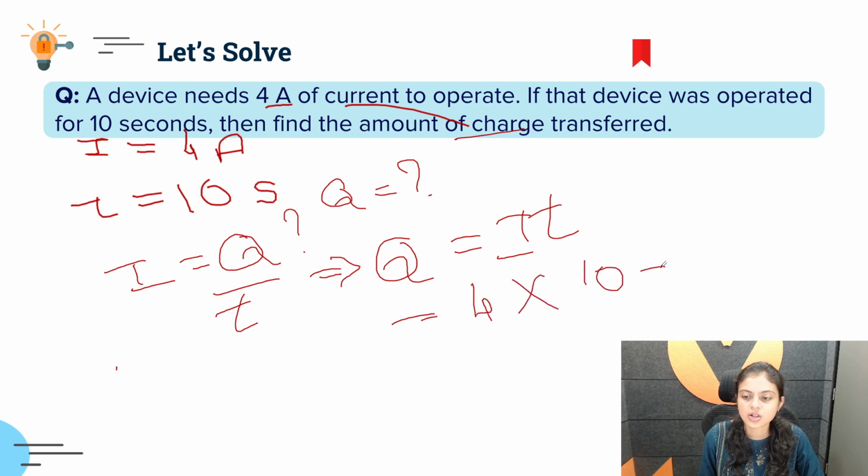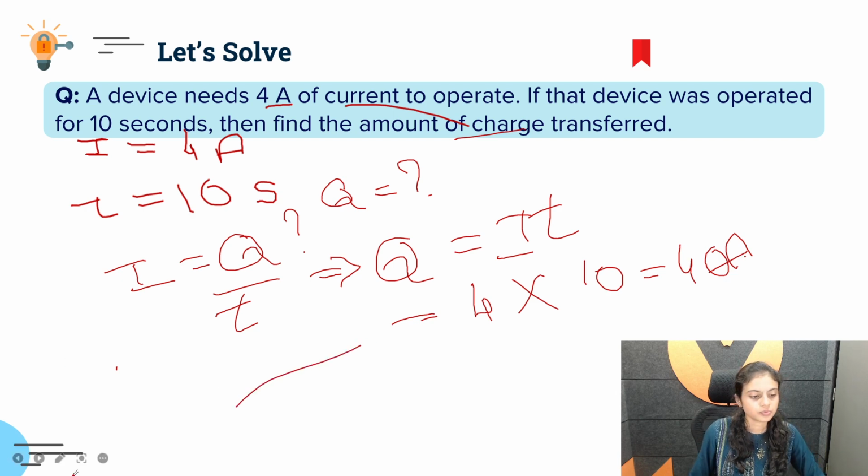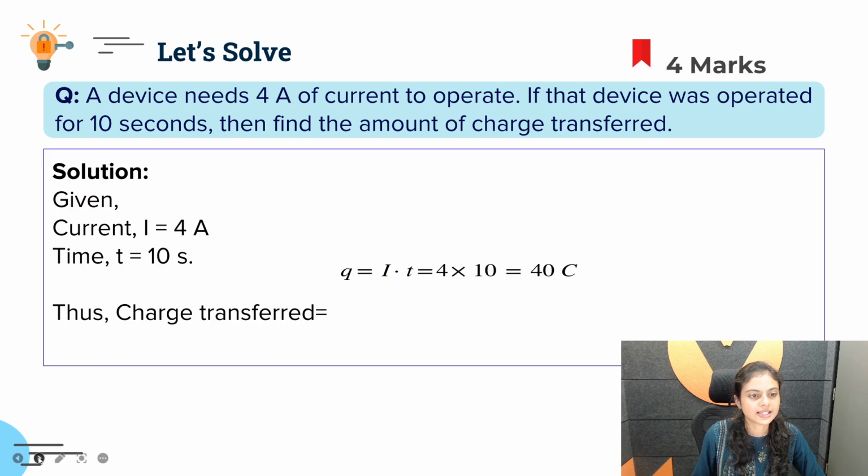It is 10. So the answer is 40. And what is the SI unit of charge? You can write coulomb per second also, but it's better to write ampere, right? It is the standard one. So 40 ampere is the answer. Let's check. Yes, we have got the correct answer. So clap for all of you. Okay, let's see next.